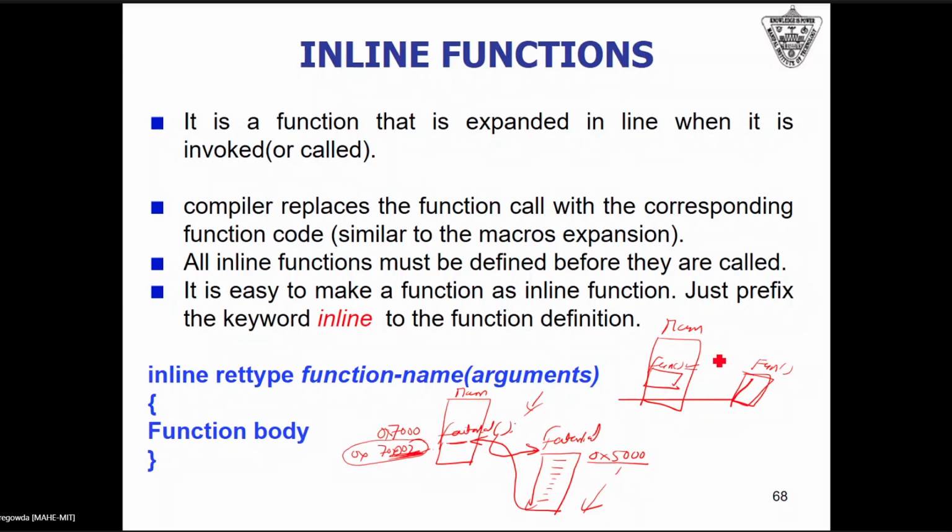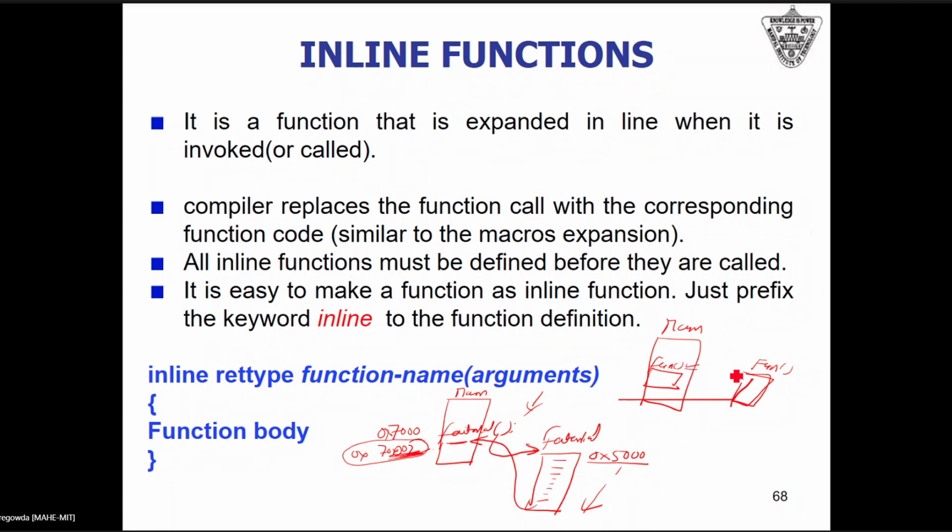Okay. One of the drawbacks of this inline function is that at the point of the function call statement, the whole code is inserted here. Due to this, if you invoke the same function several times, so much memory space will be occupied by the main program.